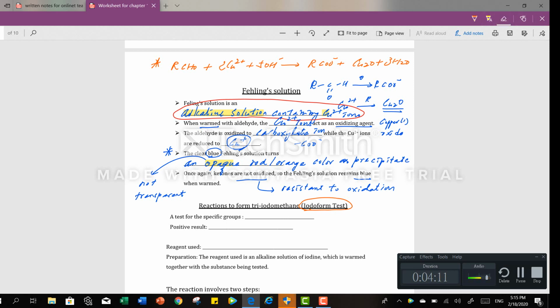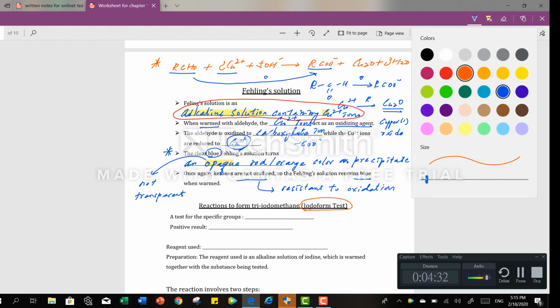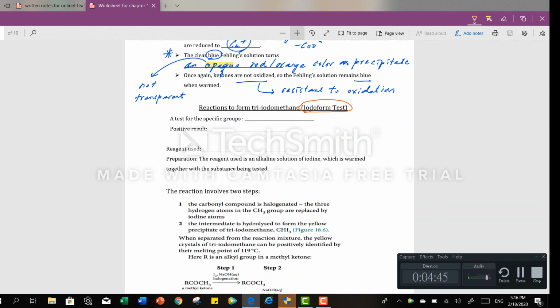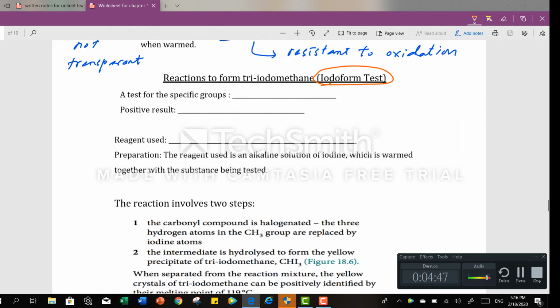You don't have to remember this equation, but you have to understand that we are using it to test for aldehyde. Test for aldehyde with copper 2 ion, and the aldehyde will be oxidized to carboxylate ion, but the one that gives the observation is copper 2 ion being reduced to copper 1 oxide. Okay with that?